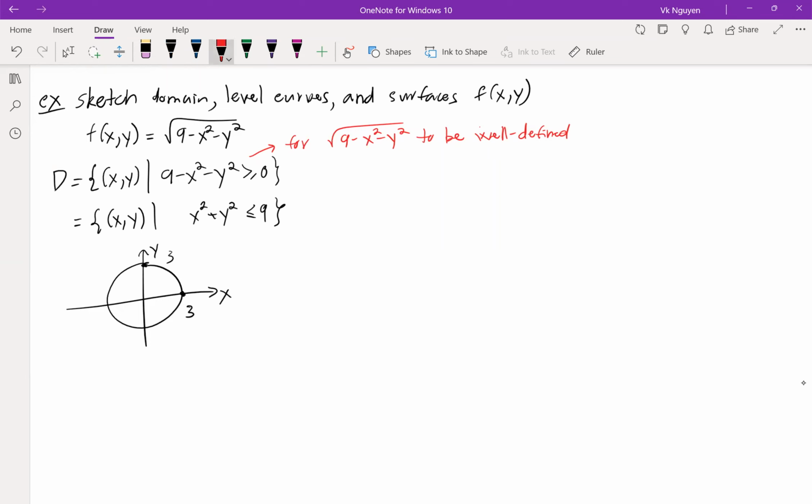And then the other one is going to be the inside of that circle. So fill up everything here. So two layers. One layer is x squared plus y squared equal 9. This is the boundary, and inside is x squared plus y squared less than 9. We call this a circular disk.